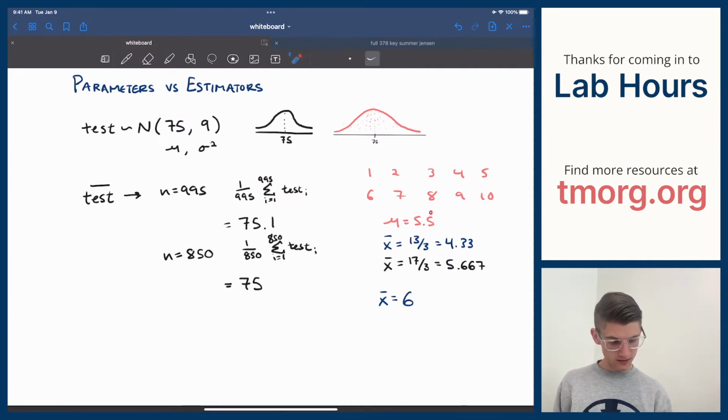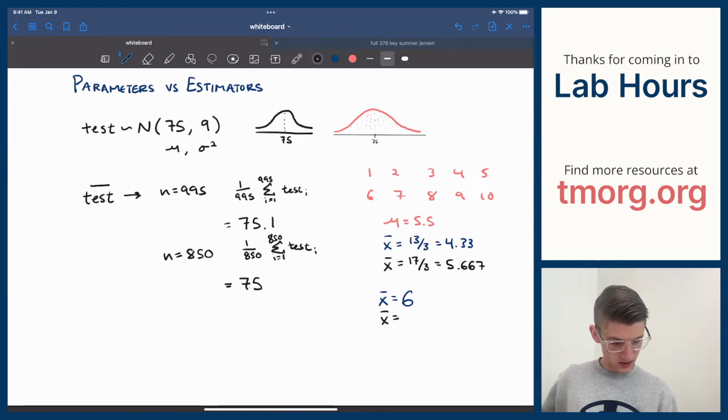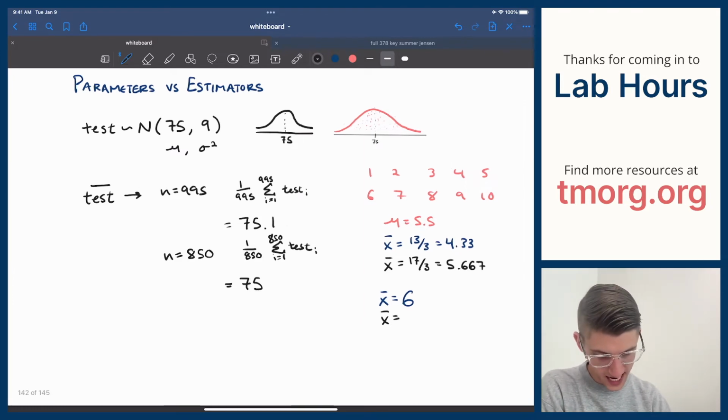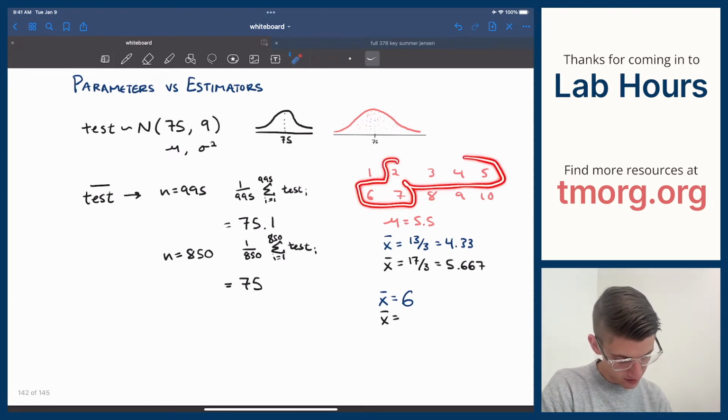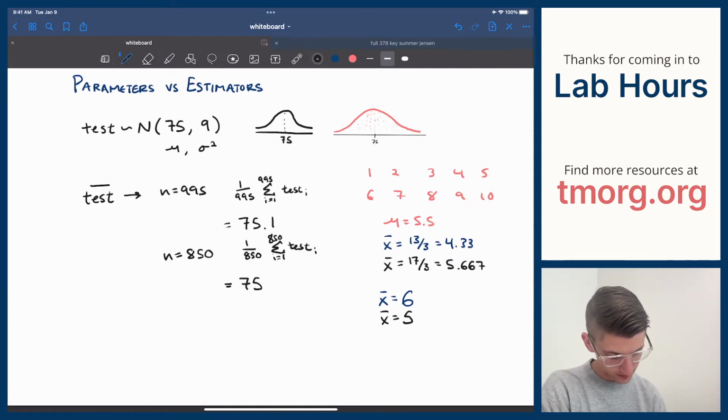That's pretty close to 5.5. That's pretty good. What's the smallest possible one? The smallest possible one in this case would be if I got everything except for 10: 27, 36, 45. My average there is 5.